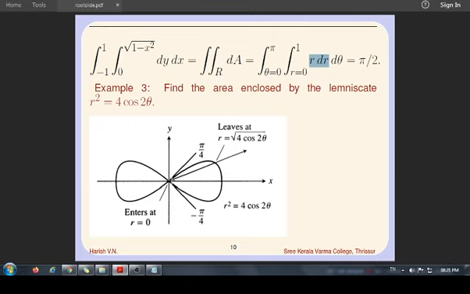At which point does it enter the region? When r equal to 0 itself, that ray enters the region, and at which point does that ray leave the region? When r is equal to square root of 4 cos 2 theta. So the r limits of integration are 0 to under root 4 cos 2 theta.